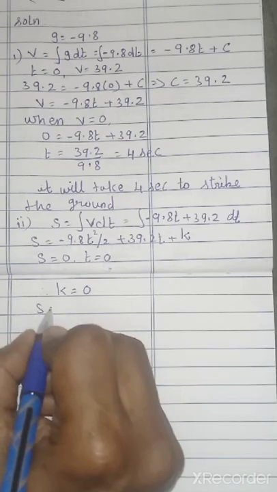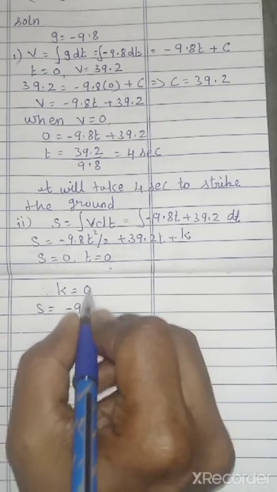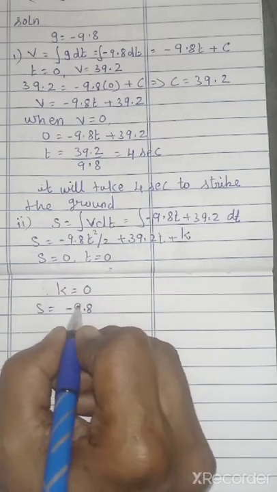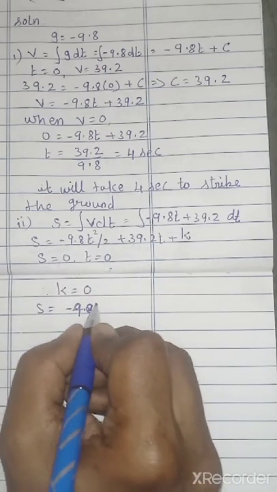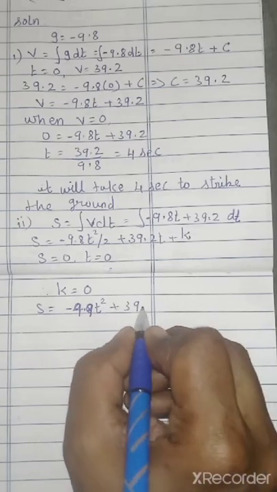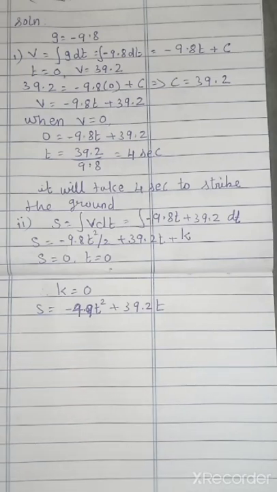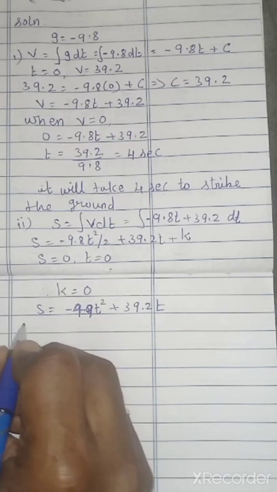That is s equal to minus 9.8 by 2, that is 4.9, so 4.9 t square plus 39.2 t. This is your speed with which it will strike the ground. Okay, so second subdivision we completed.